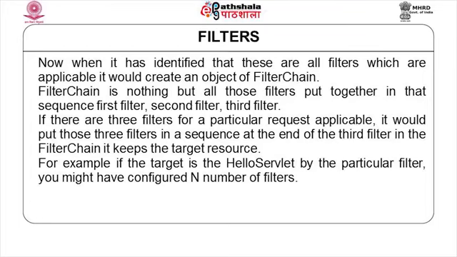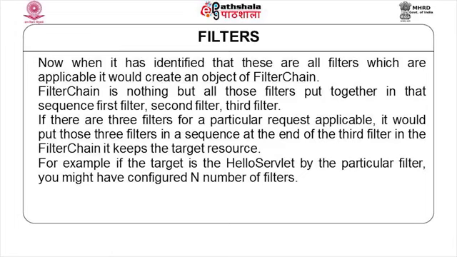Maybe if the target is a servlet, for example, our hello servlet is being targeted by a particular filter. You might have configured n number of filters, maybe 5-6 different filters in our application, but for this URL maybe 3 of those are applicable, 3 of those have qualified.